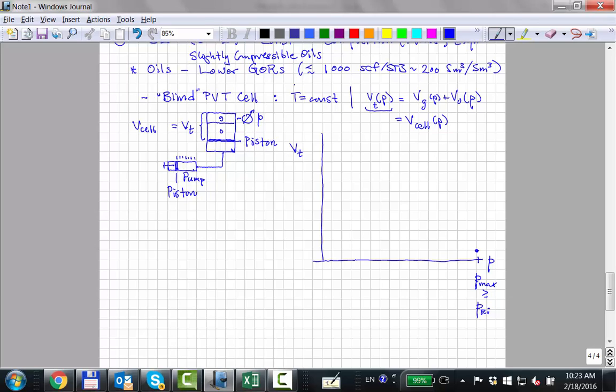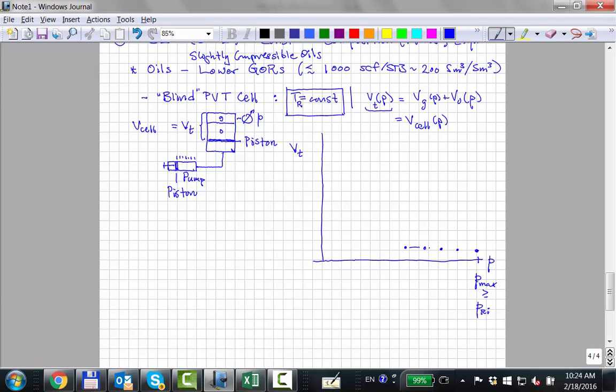The experiment is typically conducted at a constant temperature, and that temperature 98% of the time is at reservoir conditions. So that would be the reservoir temperature. And so we expand the volume, we measure the pressure, we expand the volume again, measure the pressure, and so forth, like that.